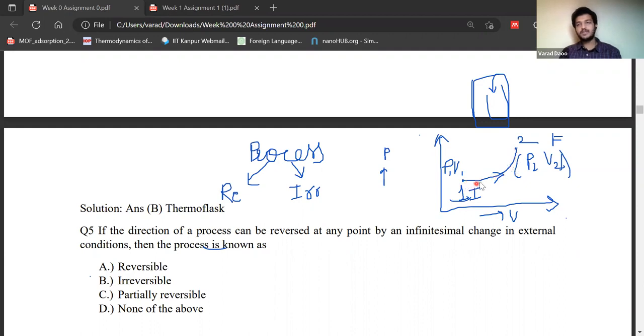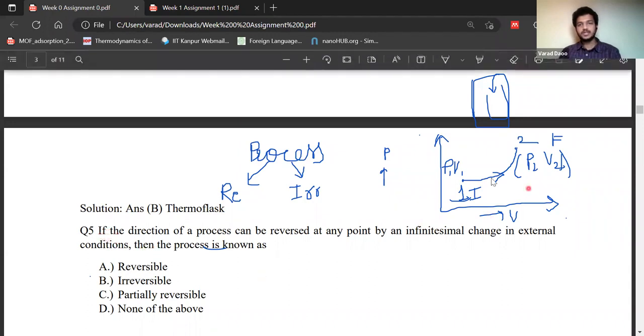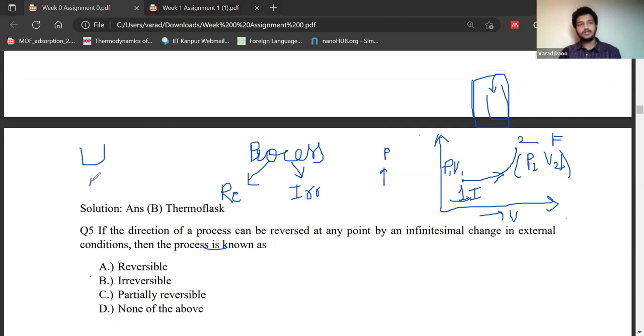So each and every step of a reversible process is quasi-static equilibrium. That means if we go from here to here, we are able to go backwards also. At any step, the process can be reversed, right? So this is a reversible process. An irreversible process would be a process which happens very fast. For example, let's say you have hot water at a temperature of 90 degrees centigrade.